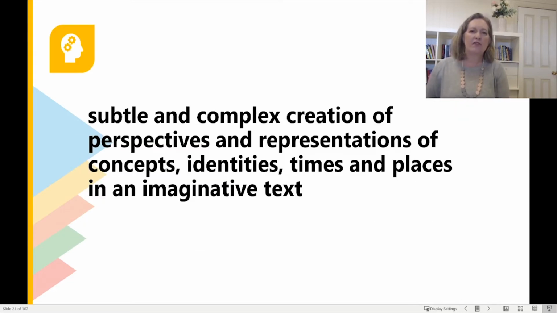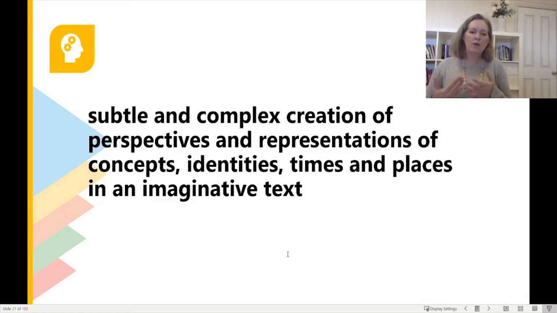So let's have a look at this first one, the subtle and complex creation of perspectives and representations of concepts, identities, times, and places in a text. Every piece of writing has a context.